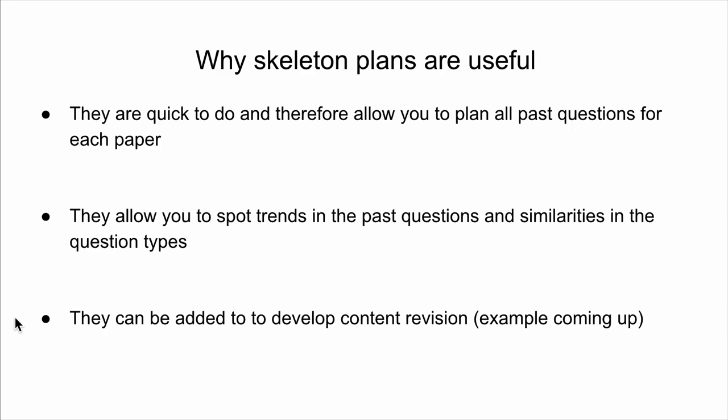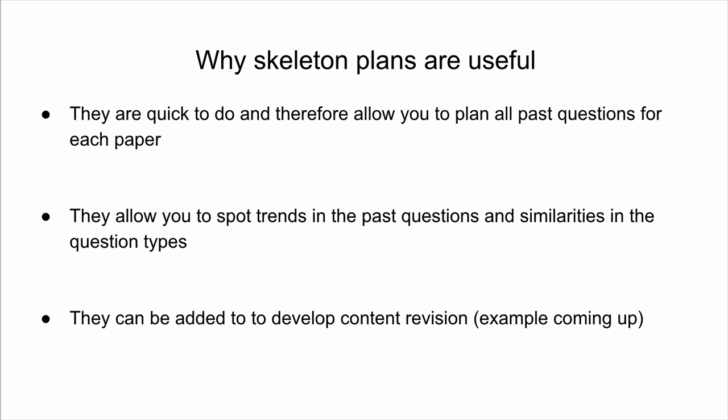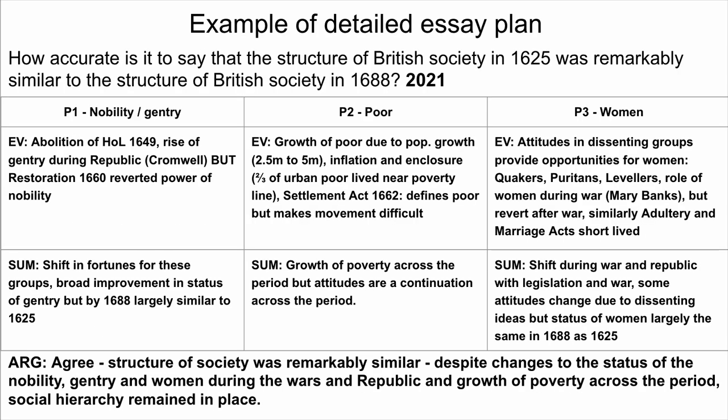Then the next step is that you can add to them to develop your content revision. So if we go back to this one, once you've done skeleton plans for all past questions, you could go back to the start and add your evidence in, and that will help you revise the content as well. As an example, this is the full essay plan for this question. Now obviously this takes longer, so I've got 3 pieces of evidence per paragraph.